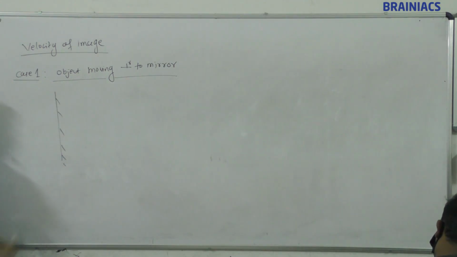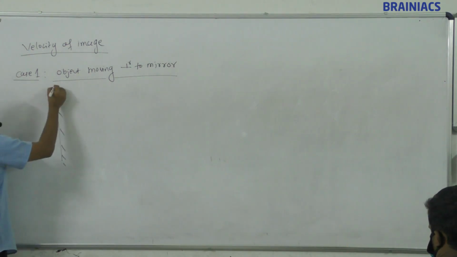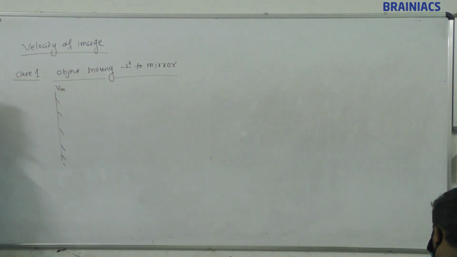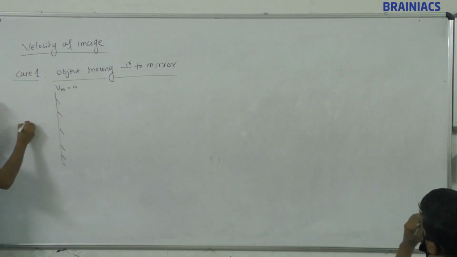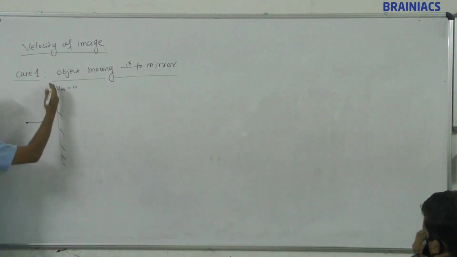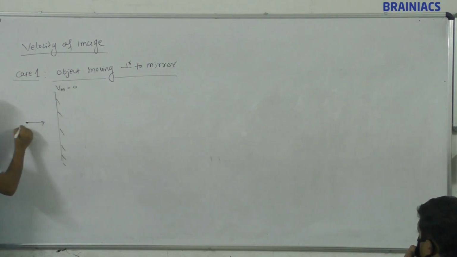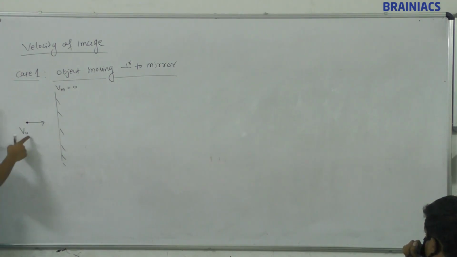This is a mirror. And there are three velocities we are considering. Velocity of mirror, Vm. Now the mirror is at rest. Let me assume the mirror is at rest and the object is there. This object is moving perpendicular to the mirror. This is the velocity of the object.